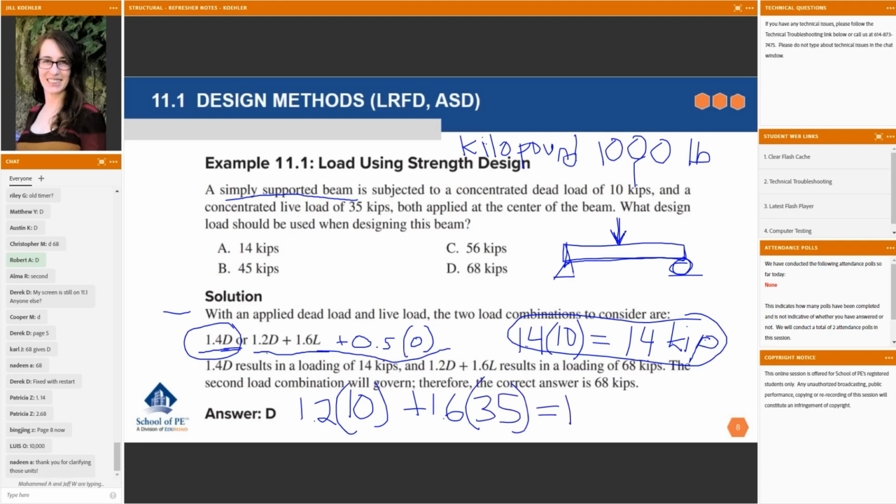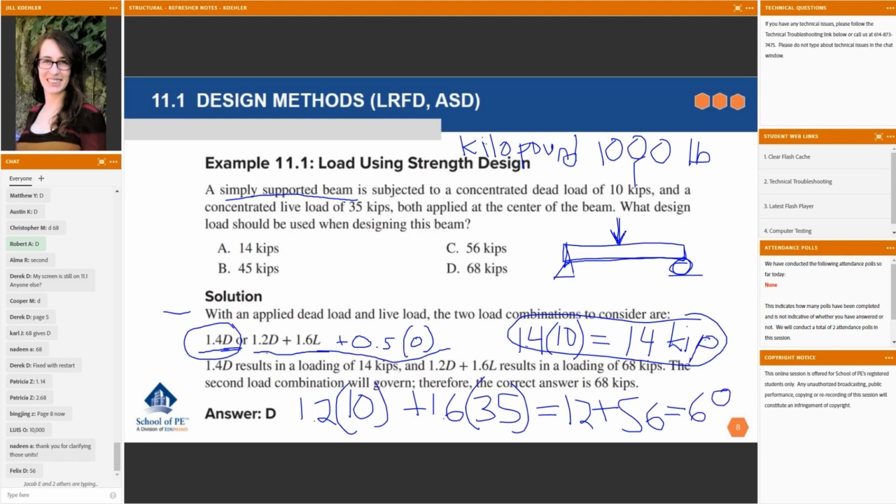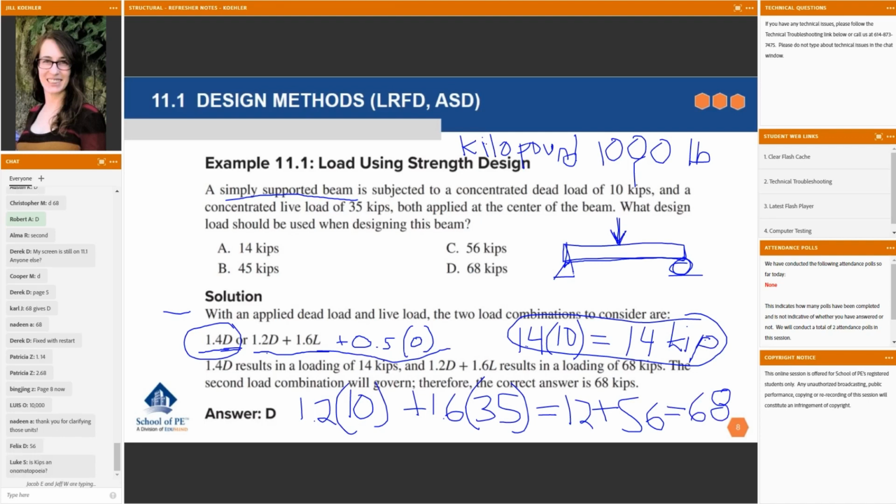What do we have here? 12 plus 56, or 68. All right, so obviously 14 kips is smaller than 68 kips. The correct answer is 68 kips.